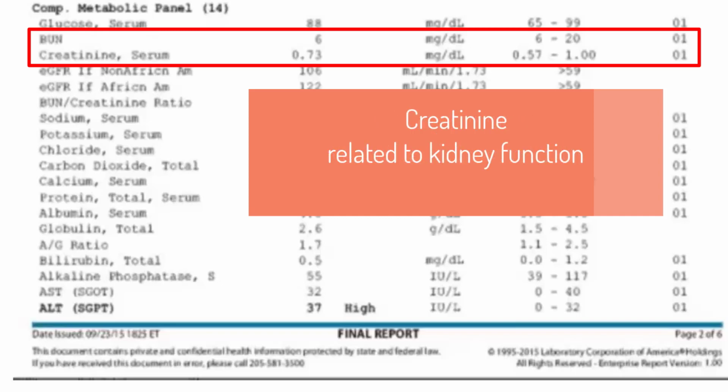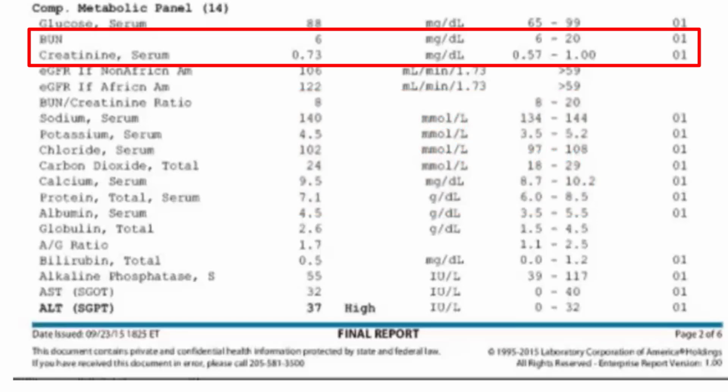And then the creatinine is, simply put, a measure of the function of your kidneys. The kidneys take your blood and filter it, and they take all the extra things that are in your blood and put them into your urine. So they're essentially one of the main filters of the body, regulating all of our electrolytes and everything else in our body, really. So the BUN and the creatinine are very important in measuring kidney function.